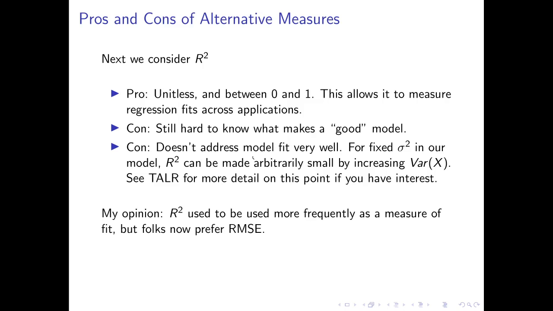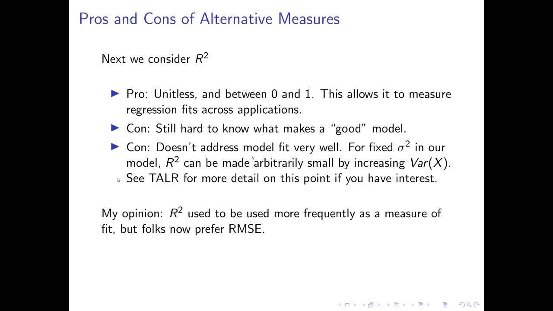If sigma squared is large, there's a lot of noise and we expect it would be hard to estimate. But r squared has this unattractive property that for fixed variance in epsilon, r squared depends on the variance of x. Our course text has some interesting discussion on this point, but it is counterintuitive that your measure of model fit depends on the variance of x and not just sigma, the noise in the problem.